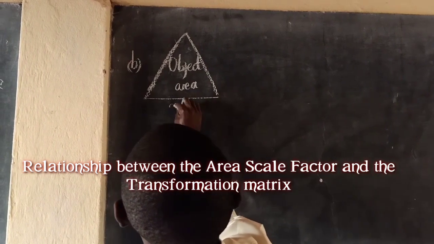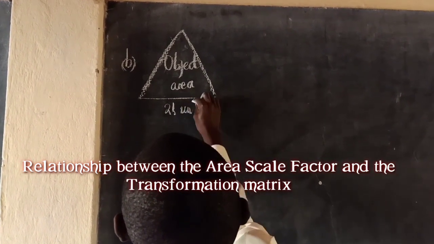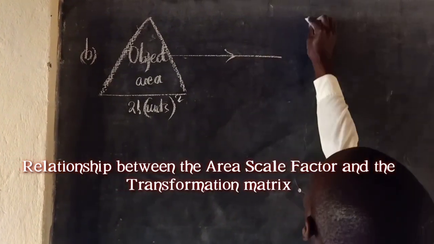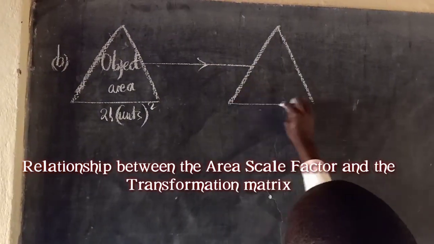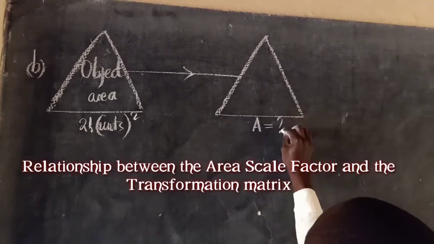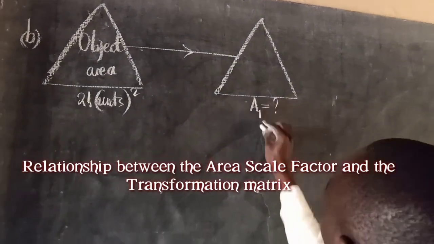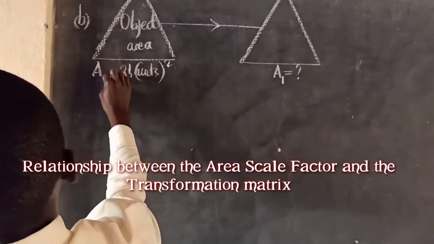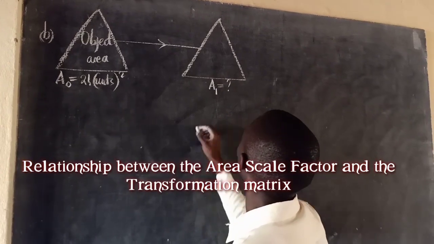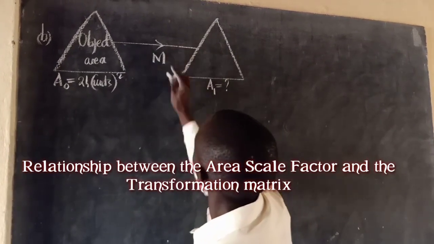The object area is known, that is 21 units squared, which is mapped onto the first image, whose area we don't know. We can call it A1, and the area of the object we can call A0. So the matrix in between here is M.